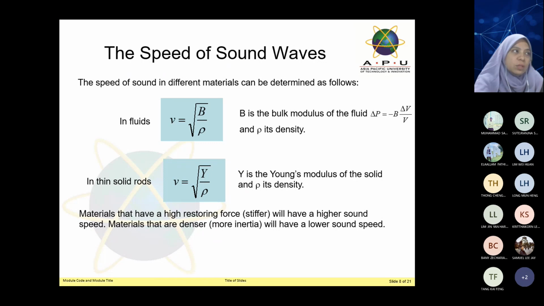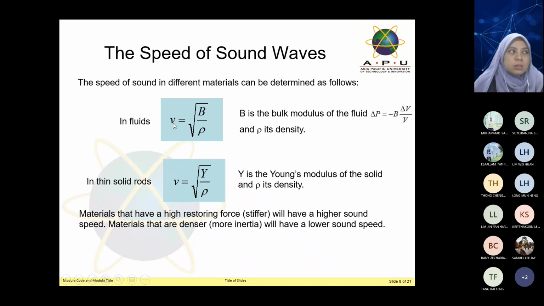The speed of sound in different material can be determined as follows. In fluid, V equals the square root of B per rho, where rho is the density and B is the bulk modulus.